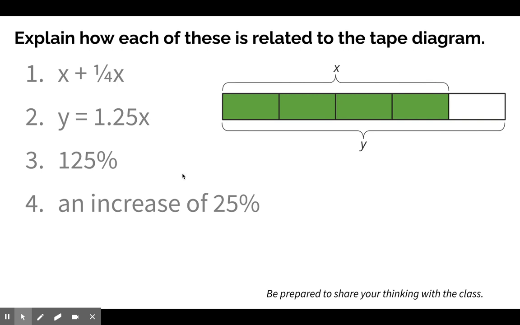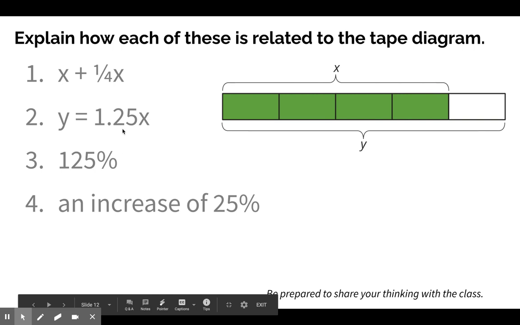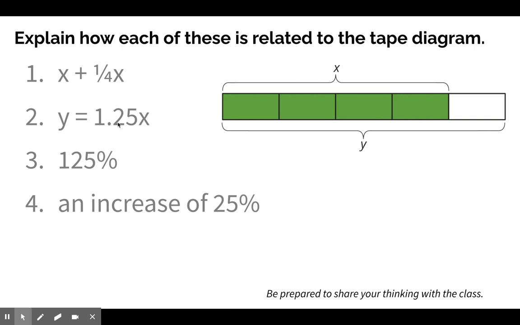When I look at number 2, it tells me y equals 1.25x. Well, this is telling me 125% of x, or I'm increasing it by a percentage because I'm starting with 4 and I'm increasing it by 25%. So I'm going to multiply it by that decimal, which will be 1.25.